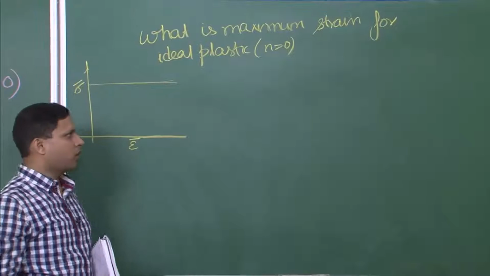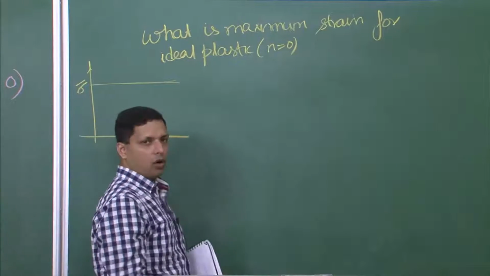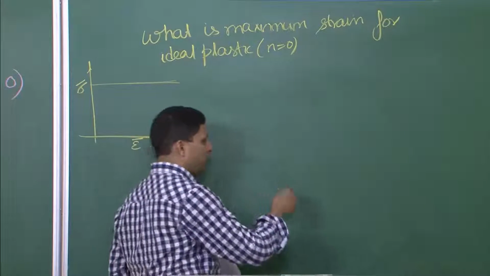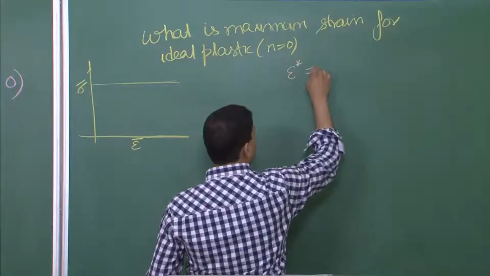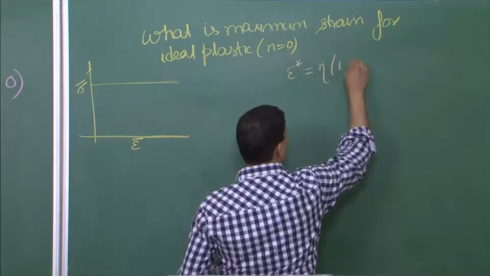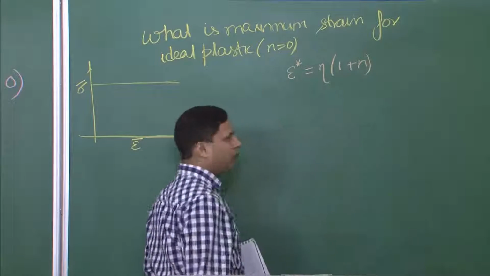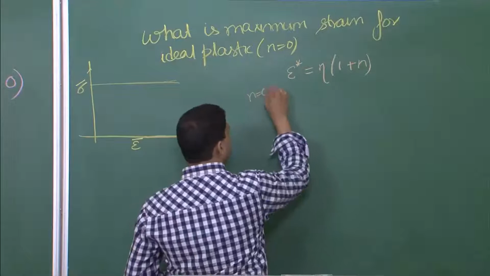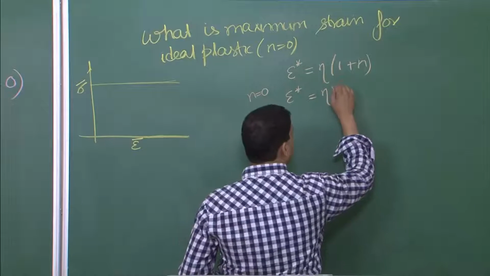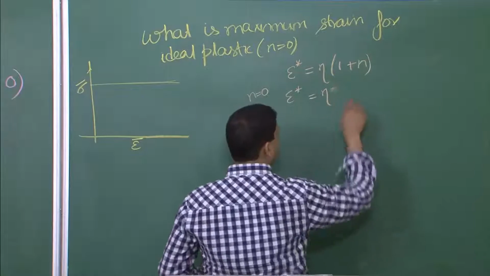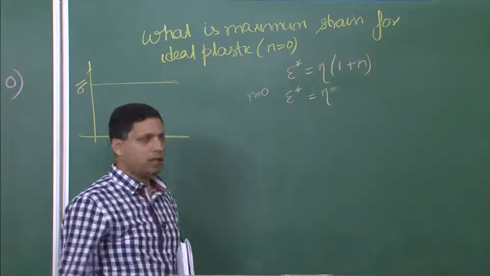So, all we need to do is put the values in our equation. We know that epsilon star is equal to eta over 1 plus n, but n is equal to 0. Therefore, epsilon star is just eta.